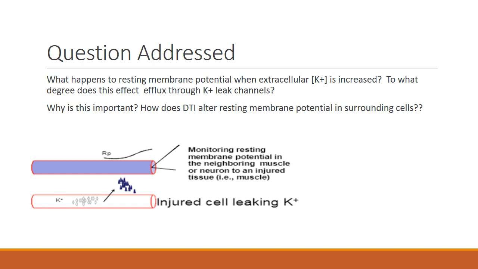Again, injured cells leak potassium ions, and these potassium ions can have a dramatic effect on the resting membrane potential of neighboring cells. We're looking to find out how this leakage of potassium ions actually affects the resting potential in neighboring cells.